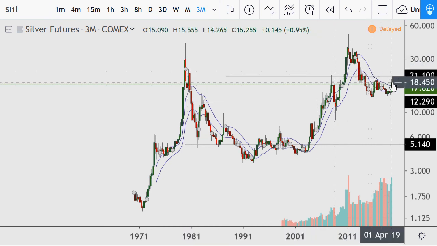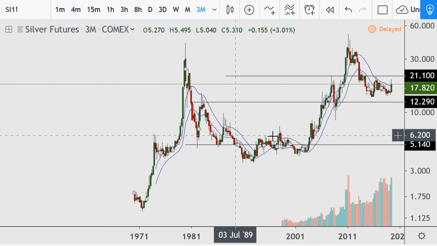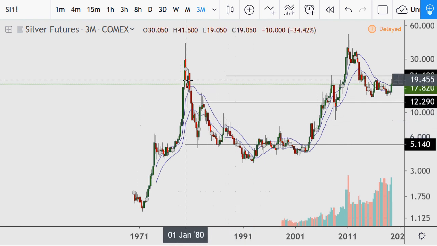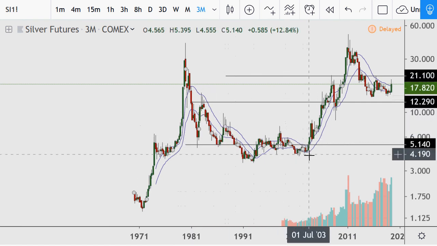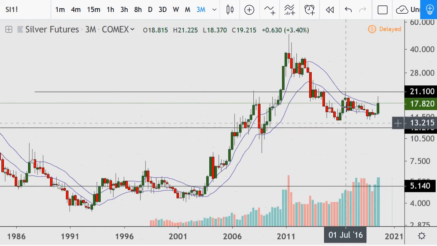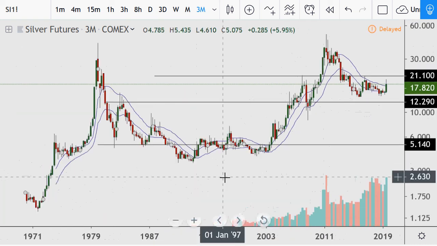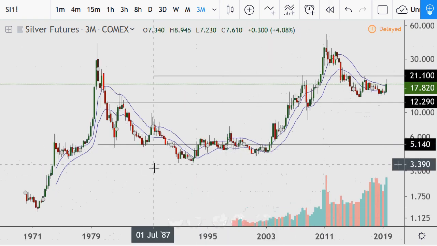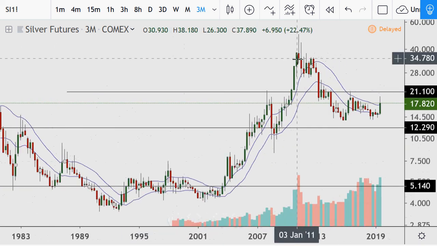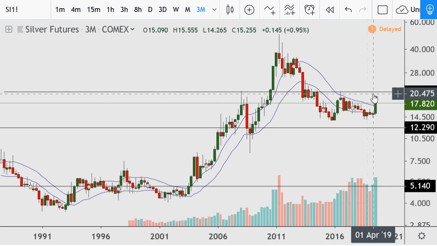As far as its time so far, it's got a long way to go to be worse than this, because from the top to the bottom, 1980 to 2003, was nearly a quarter century. But from where we stand now, from the top to the bottom, and I'm counting this as the bottom where it breaks out from, not this bottom in here, from the 2011 top, right now we're at 2019.